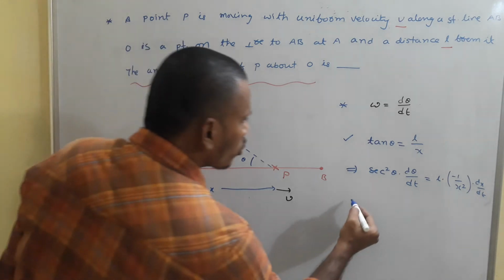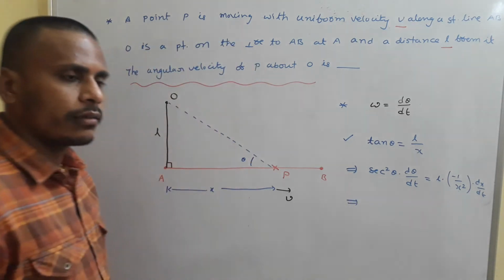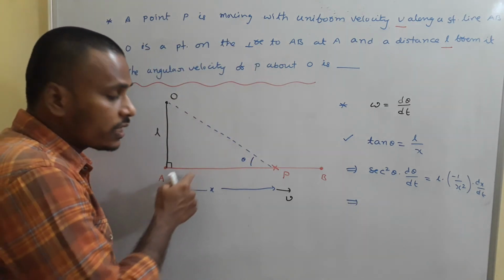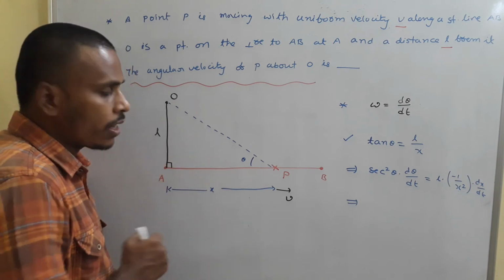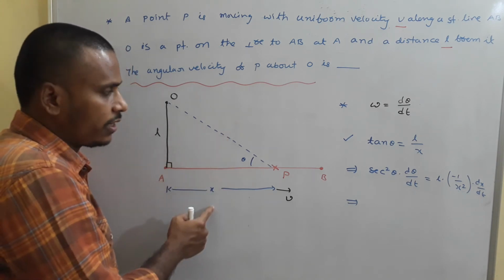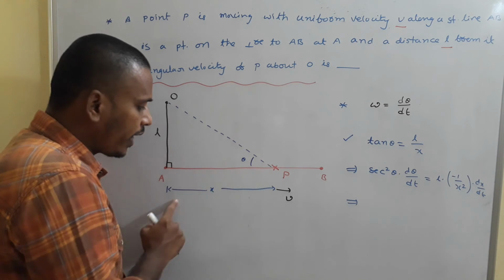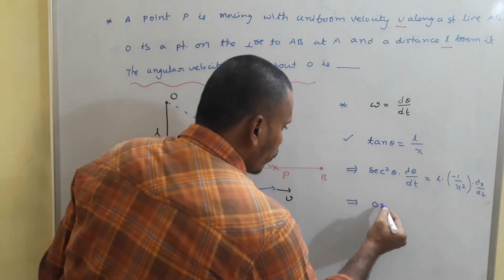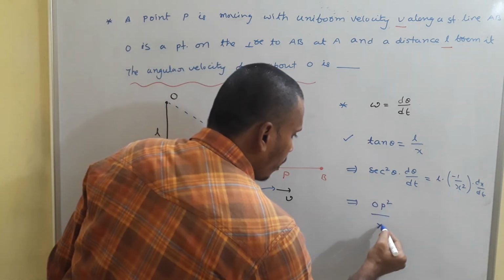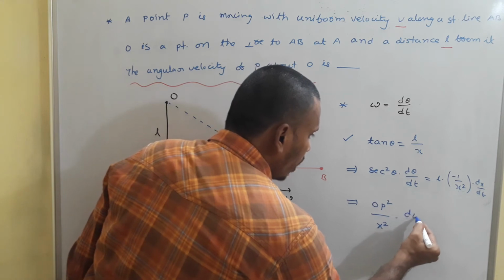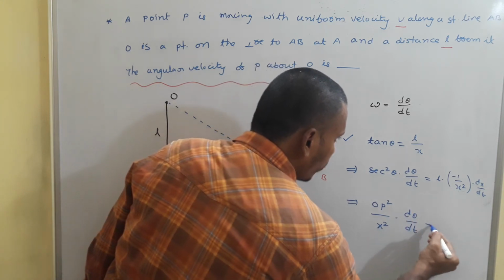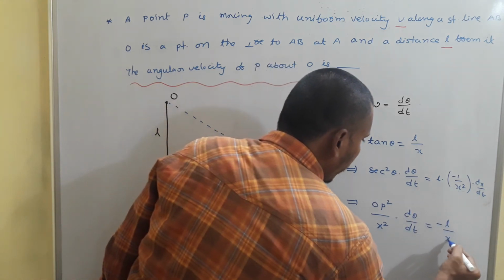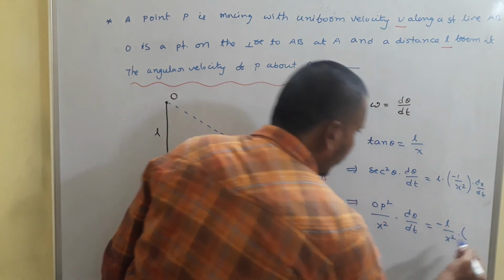What is secant square theta? From this triangle, secant theta is hypotenuse by adjacent side. Hypotenuse is OP, adjacent side is X. So secant square theta is OP square by X square, and OP square by X square into d theta by dt is equal to minus L by X square into dx by dt.